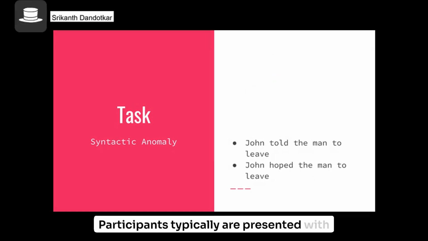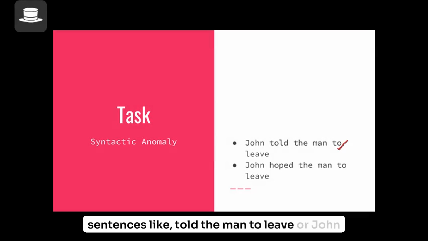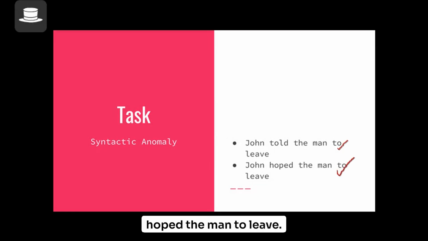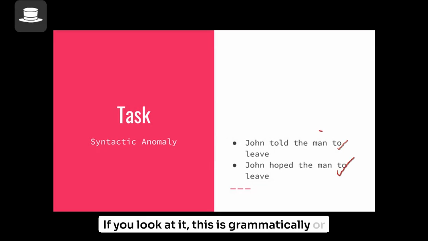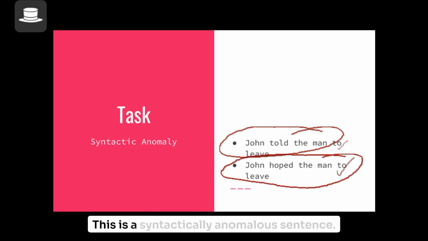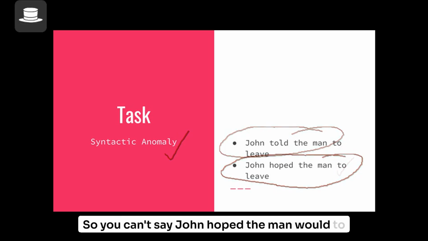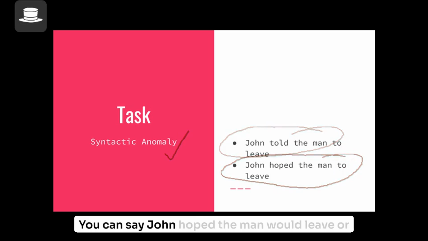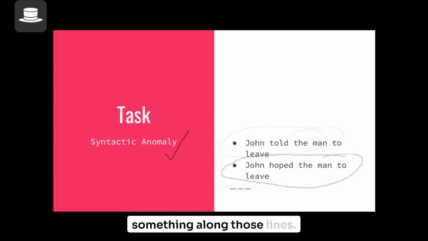Another task: read these two sentences. Participants are typically presented with sentences like John told the man to leave or John hoped the man to leave. Now, the first is grammatically, or syntactically, correct, but the second is not. This is a syntactically anomalous sentence. This is called syntactic anomaly. You can't say John hoped the man to leave. You can say John hoped the man would leave, or something along those lines.